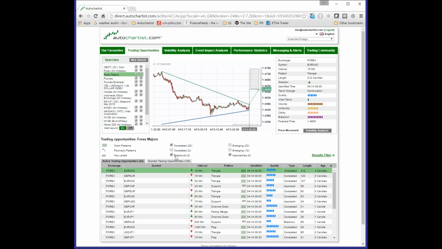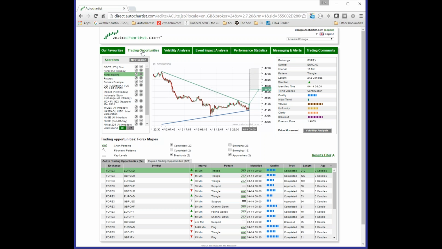But now we want to filter it down even more. What we want to do is combine the performance statistics together with our trading opportunities.